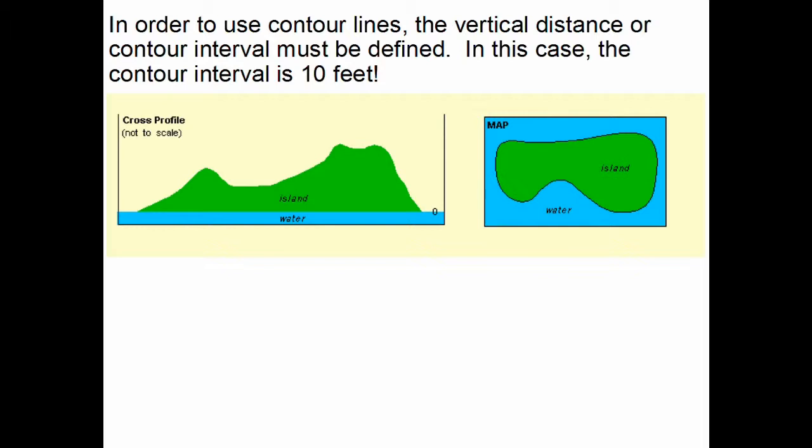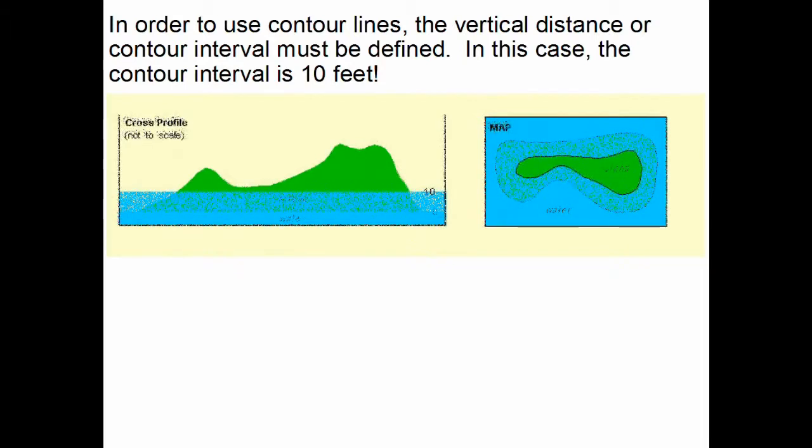Now, what if I filled exactly 10 feet of water into my oversized aquarium? Well, more land will be submerged. If I look down again on top, I can take my waterproof marker and outline the coastline. I have created the 10-foot contour line. What if I added another 10 feet?